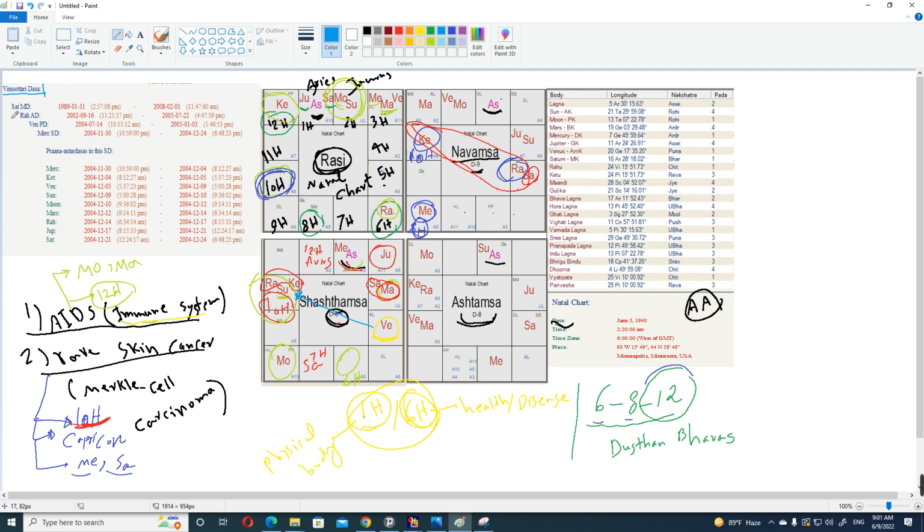In Vimshottari Dasha, we have a main Dasha and sub Dashas, or they call it Dasha, Bhukti, Antra, Sukshma. This is the main dasha, the main time period that shows you a huge span of time, and the more you go through these divisions, the smaller the time span.